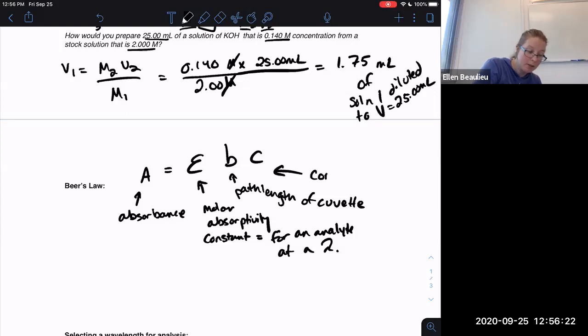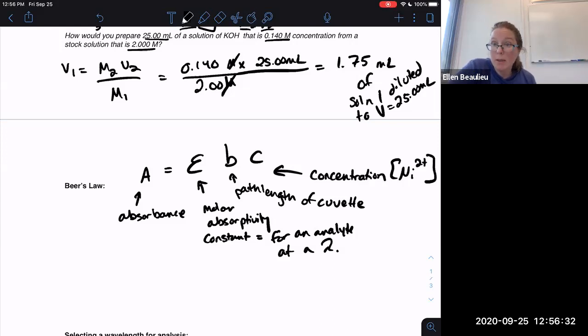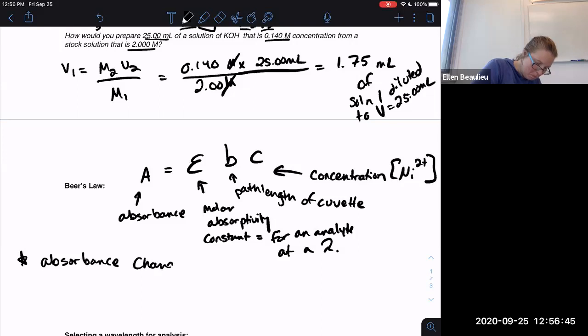In this case, you're going to be finding the concentration of nickel-2 that's in solution. So we're going to be relating to amounts of nickel-2 in solution. So absorbance changes with wavelength. You're going to be measuring at 3 different wavelengths.